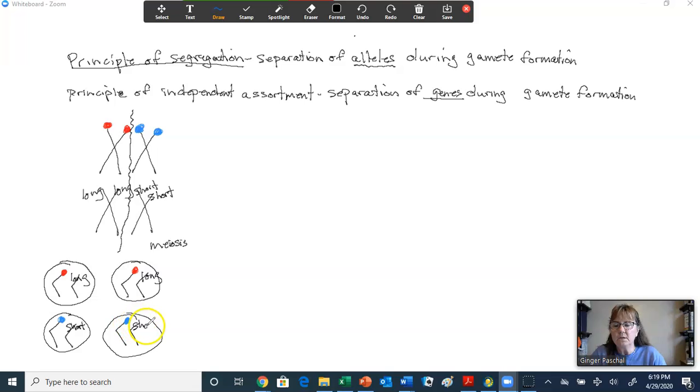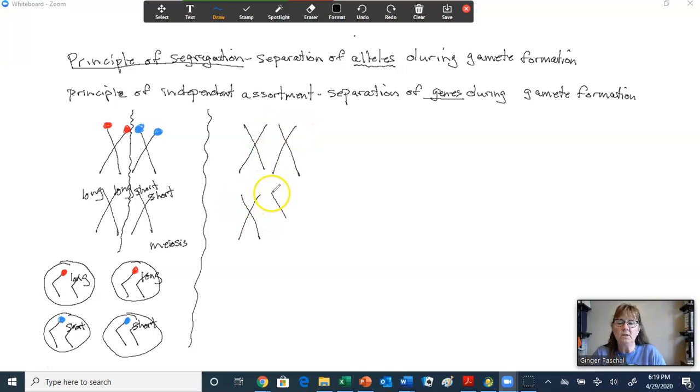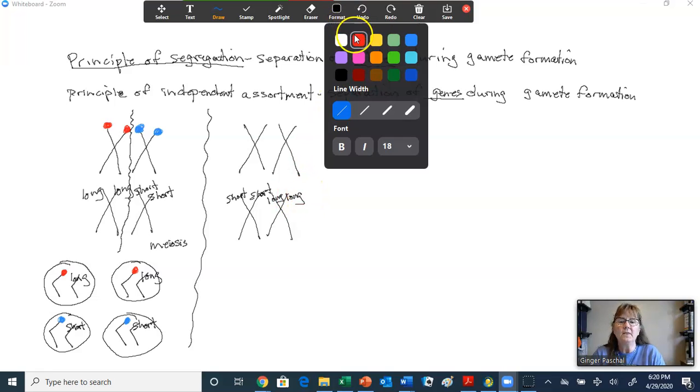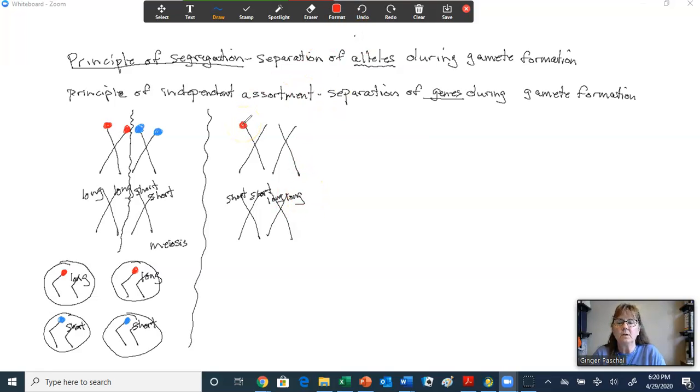Now, the only reason we got short when we got blue or long when we got red was because of the way these homologous pairs lined up. So let's look at a second situation with the same homologous pair, only this time this side is where the short lined up and the long lined up over here, and the colors lined up the same way they had lined up previously.